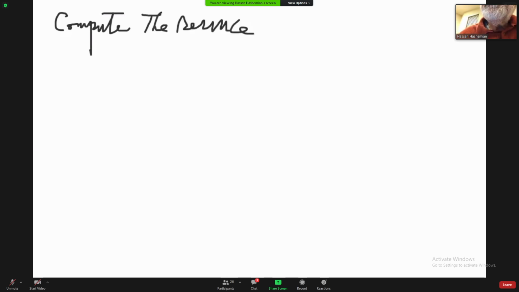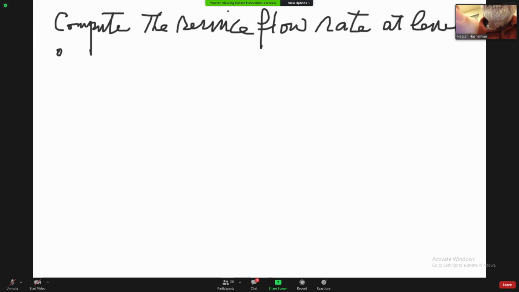They say compute the service flow rate at level of service B for a 2-lane highway.